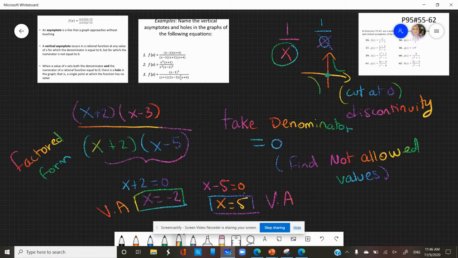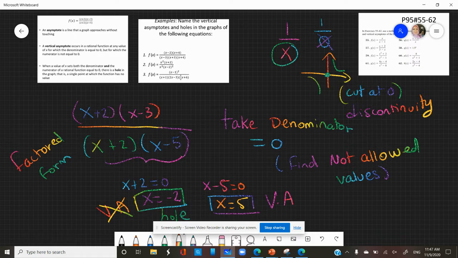The numerator is also equal to 0. So this is not a vertical asymptote, and we call it a hole in the graph. I'm going to show you that in a minute with the next example, how on the graph you get a hole. So this function has one vertical asymptote and one hole at negative 2.